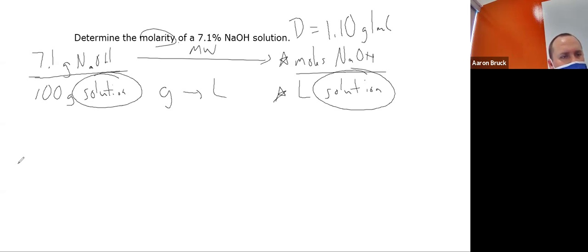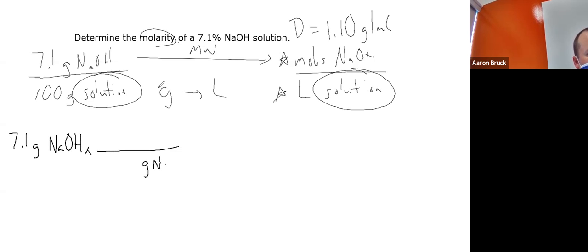If I do that, the process is simple enough. 7.1 grams of sodium hydroxide. I need to turn that into moles. 1 mole of sodium hydroxide.